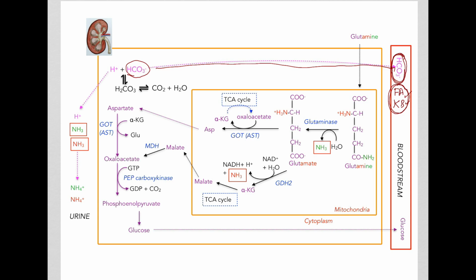So the kidneys play a very important role in starvation. Not only does it give us buffering capacity and get rid of excess nitrogen, it also produces glucose via gluconeogenesis, so that our blood glucose concentration is maintained at more than 50 milligrams per deciliter, so that there is enough glucose for the brain during prolonged starvation.